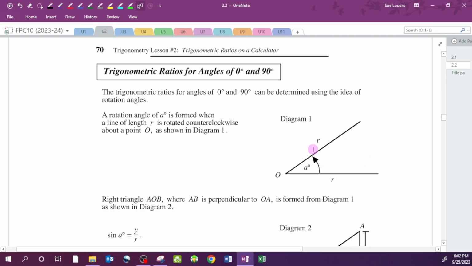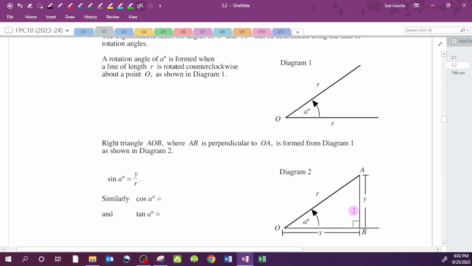In right triangle OAB, where AB is perpendicular to OB, so that's our right angle triangle that we've had, we can say that sine of A is y over r. Now, I'm not going to use this y over r, I'm just going to keep this as opposite over hypotenuse.